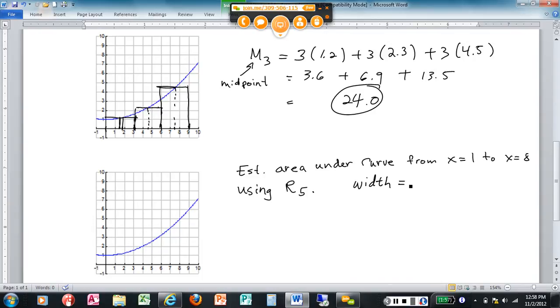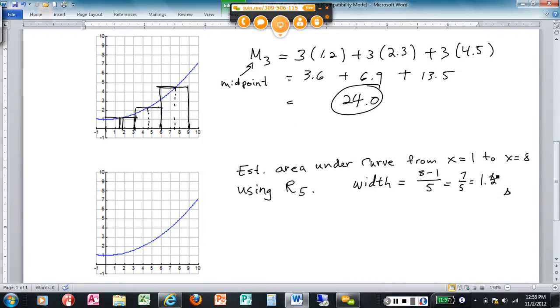Here we've got 7 units to cover, and we want 5 rectangles. So to get the width, if you're ever in doubt, just take the endpoints and subtract them, and then divide by the number of rectangles you want. That'll give you 7/5 or 1.2. The width is what we call delta x, the change in x. We've used that before.